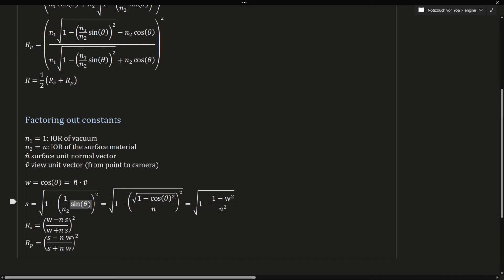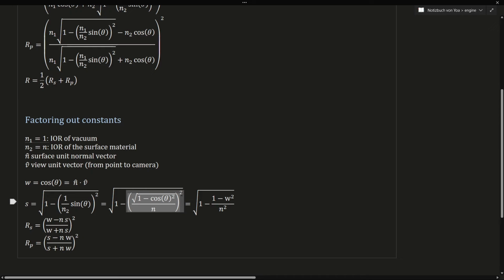Also, here we use the sine of theta, but we do not have the sine of theta, we only have the cosine of theta, and thus we should rewrite the sine as something else, which we can by writing it as the square root of 1 minus cosine theta squared. Also, we wrote it in a way that it's now above the n2, and the n2 now is rewritten as just n.